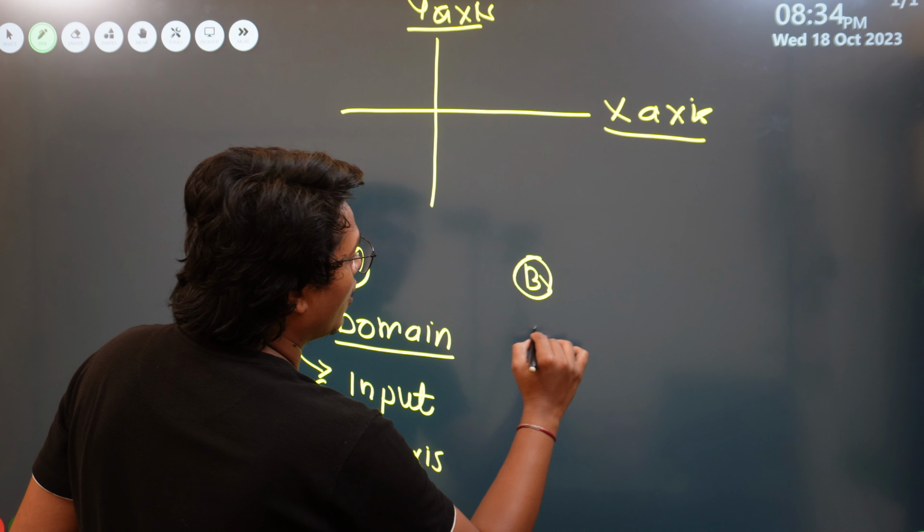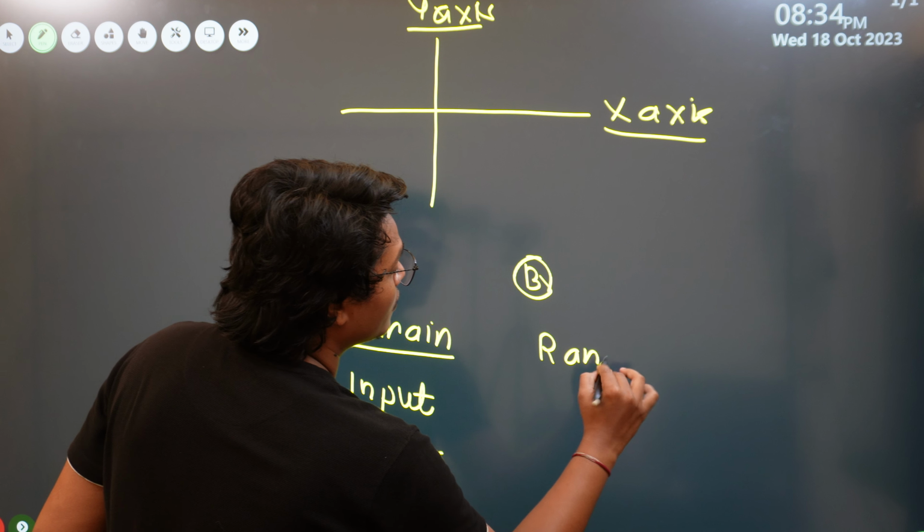And family B was the range. Range is nothing but output, and output we always get on the y-axis. I haven't introduced you to functions yet, but before starting with functions, you have now understood the meaning of domain: domain is our input, and we always give our input on the x-axis.